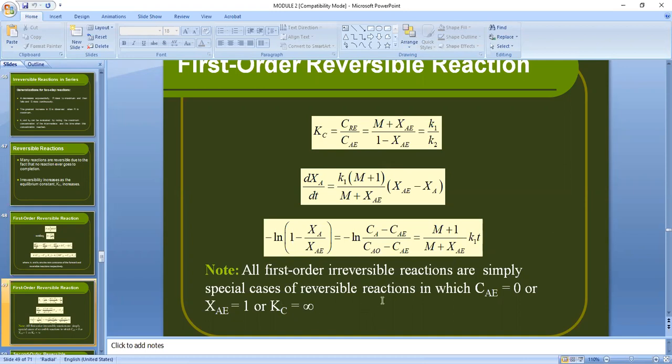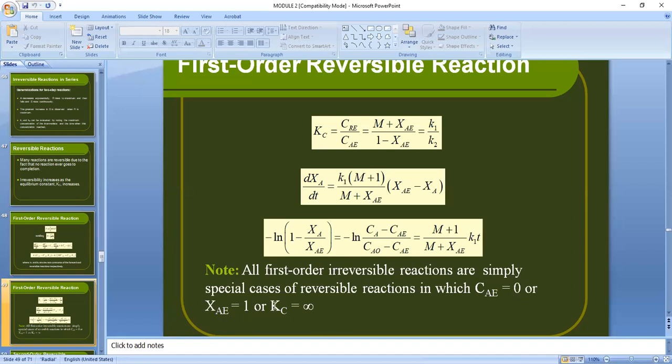Now, all first order irreversible reactions, sorry class, this is reversible. All first order irreversible reactions, I stand corrected, this is right, I've written it as irreversible. All first order irreversible reactions are simply special cases of reversible reactions in which the concentration of A at equilibrium is already 0, or the conversion at equilibrium is 1, and as such, the equilibrium constant is infinity.